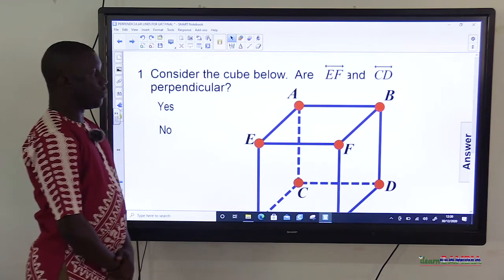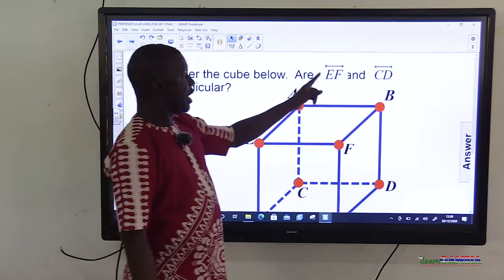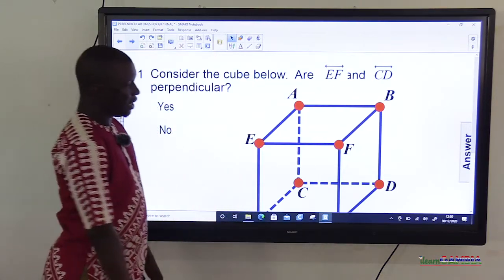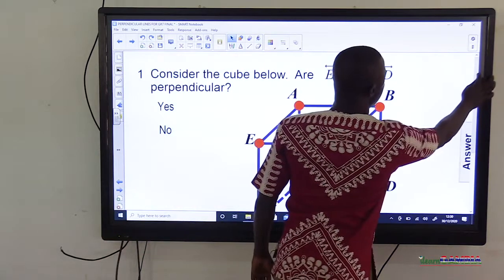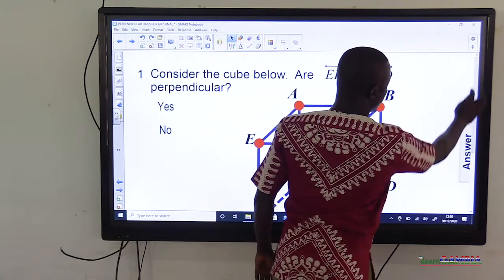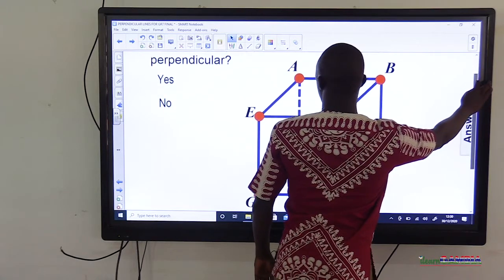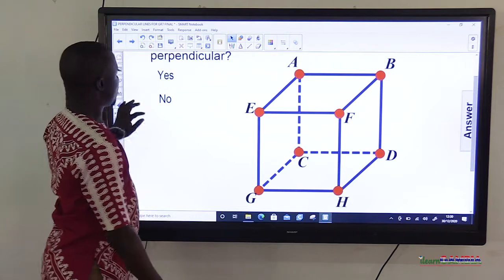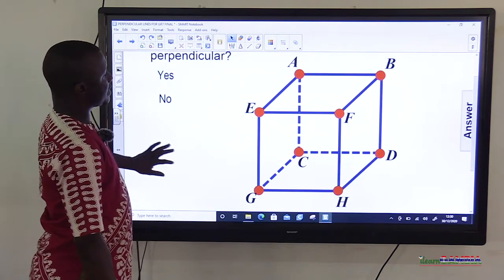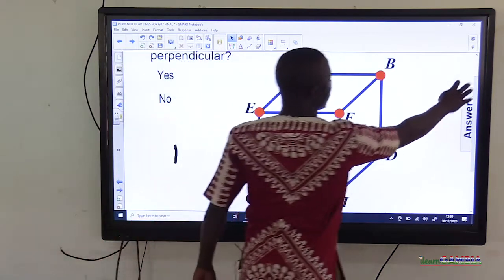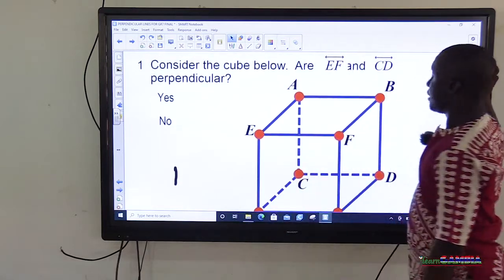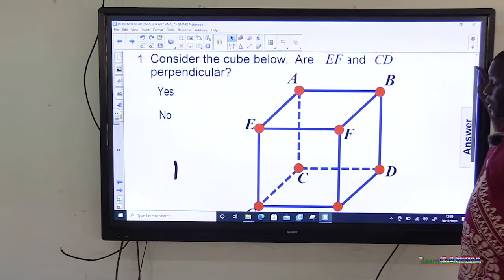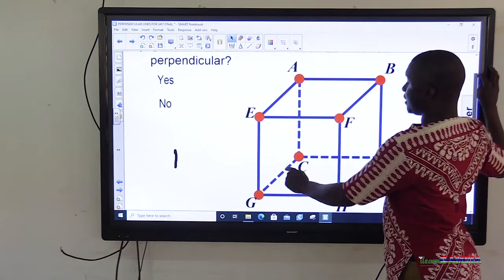Consider the cube below. Are EH and CD perpendicular? Let's have a good look at the cube here. The question says, is line EF perpendicular to line CD?